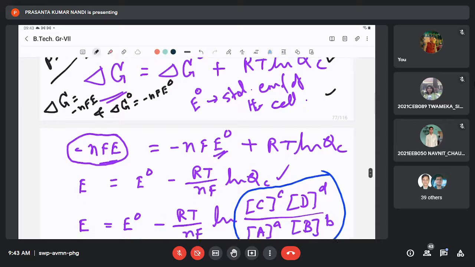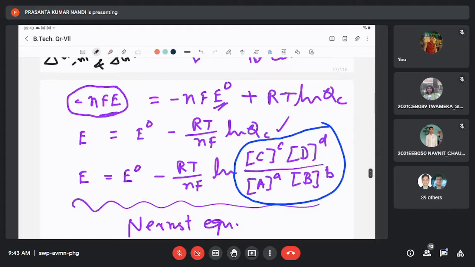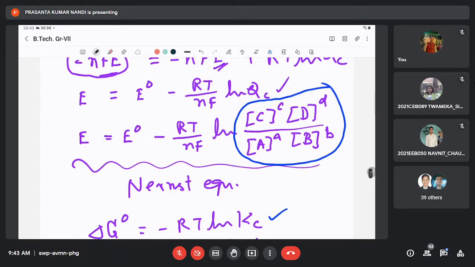If you simplify, you can write E equal to E0 minus RT by nF ln Qc, like this. And Qc is the reaction quotient, the proper reaction quotient, given by these expressions. So this equation is the famous Nernst equation, right?